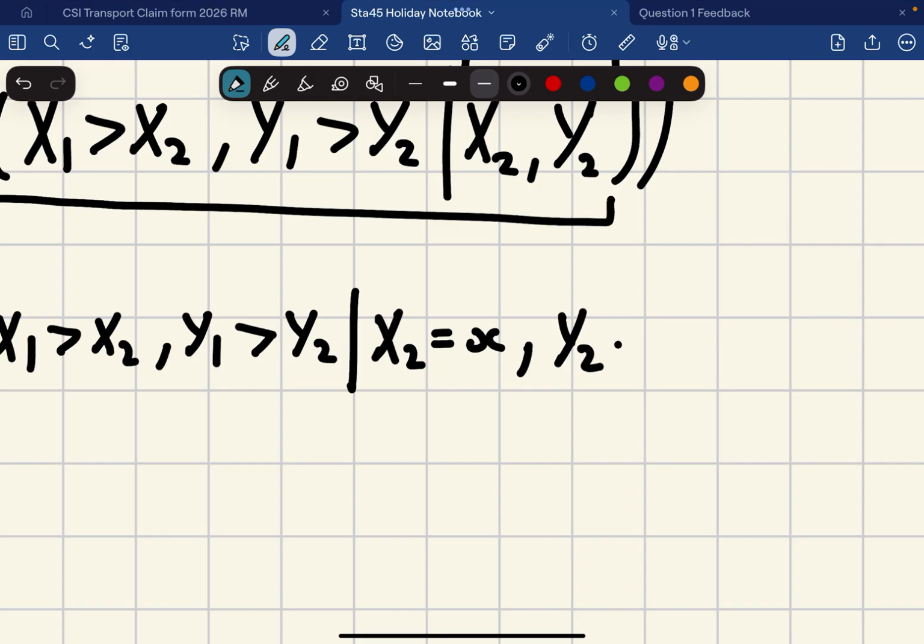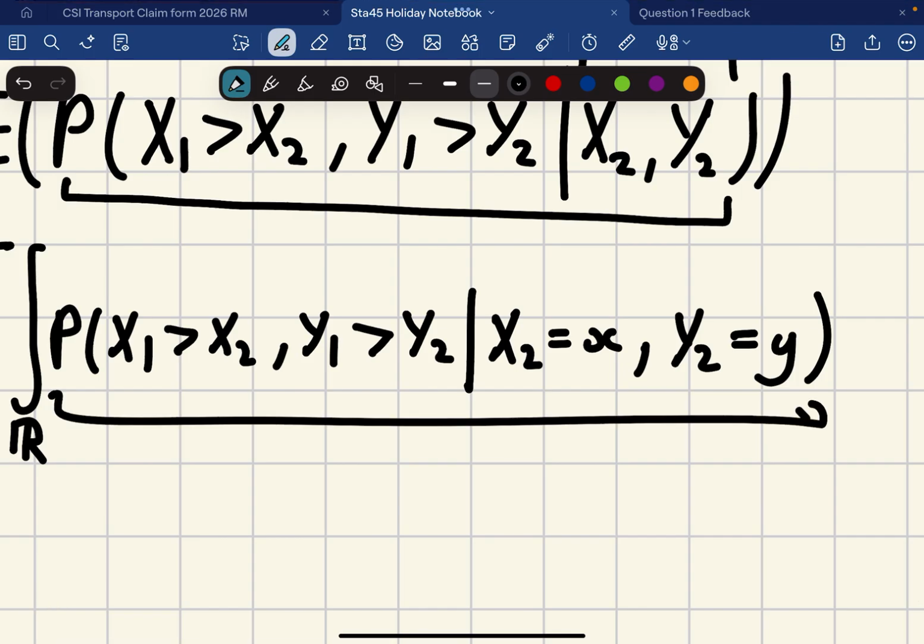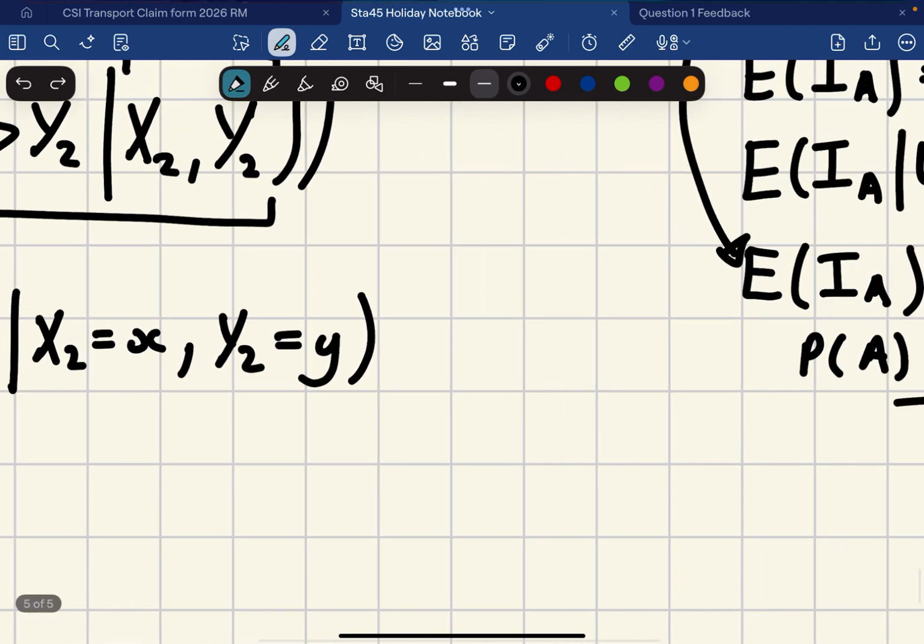And also we're going to be summing over this small y, because now we're finding the expectation of this whole thing, given each possible value of x and y, right? And then you're going to multiply by the joint PDF of x and y.